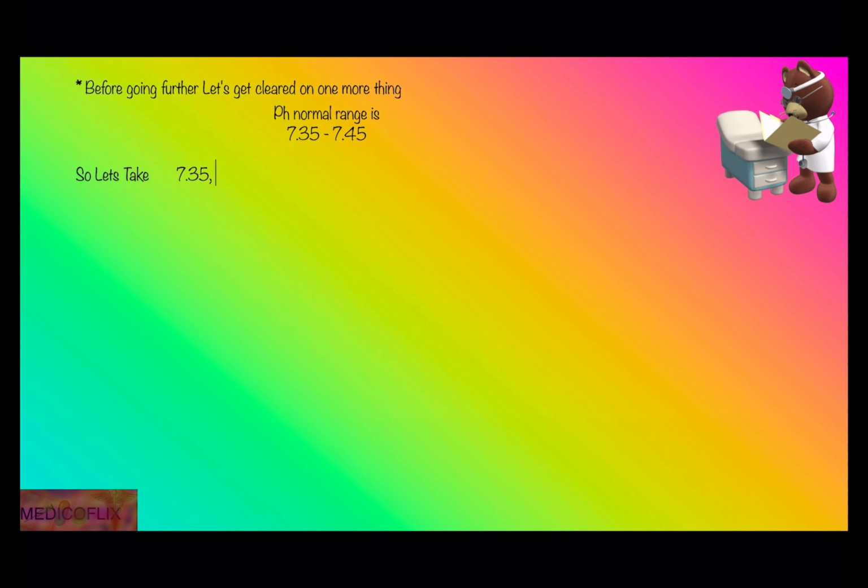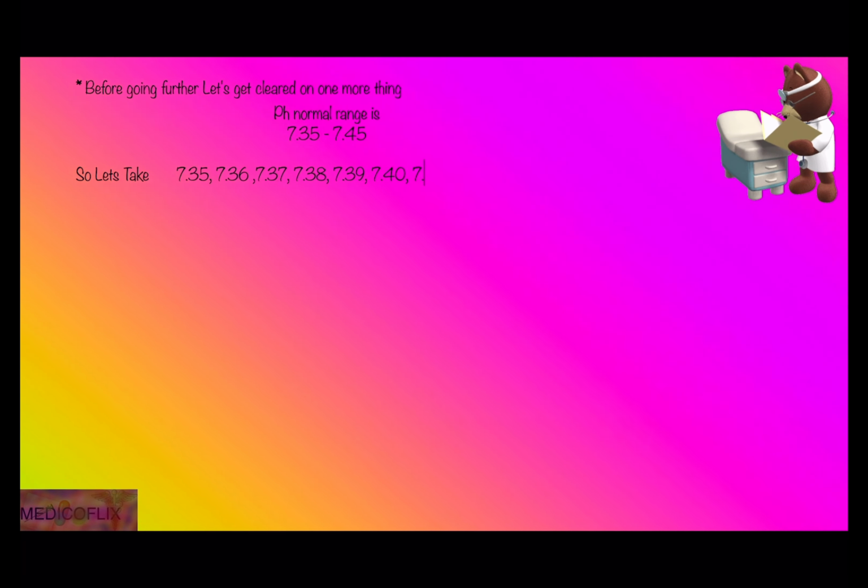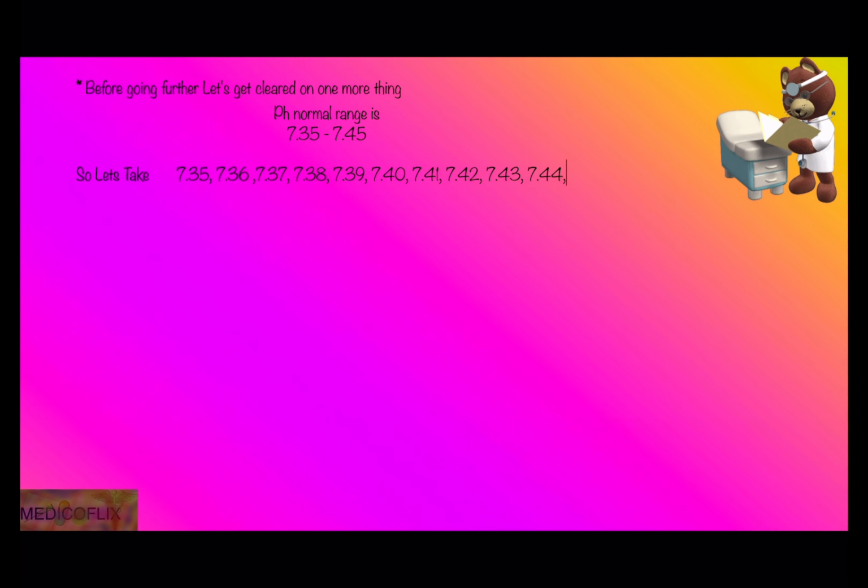Before going further, let's get clear on one more thing. As we know, pH normal range is 7.35 to 7.45. So let's take 7.35, 7.36, 7.37, 7.38, 7.39, 7.40, 7.41, 7.42, 7.43, 7.44, 7.45.